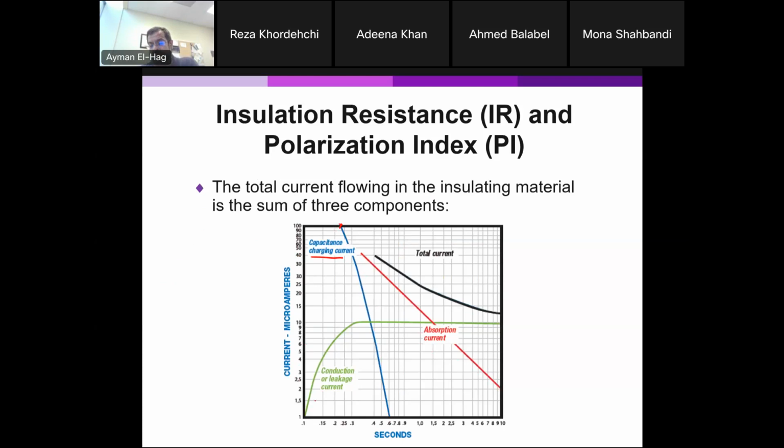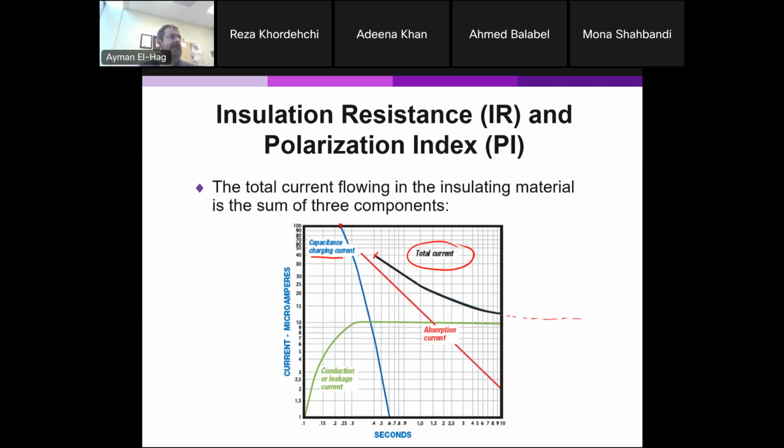Then we have the conduction current or the leakage current. This starts as zero, then increases and then stabilizes with time. It doesn't change with time. Then this is your total current. So the current starts with a high value and starts to go down. And then if you extend this, you will see it start to stabilize. So once the current starts to stabilize, then the insulation resistance will stabilize as well.